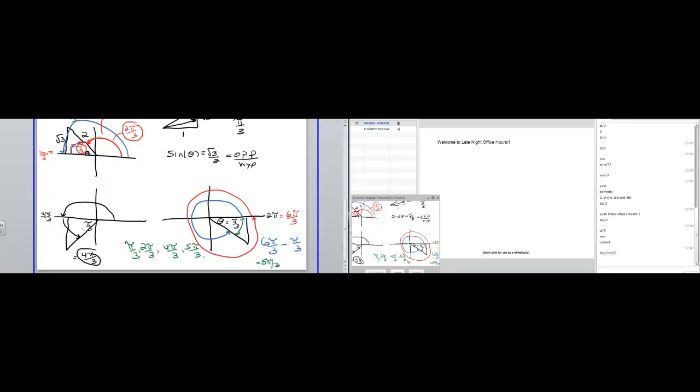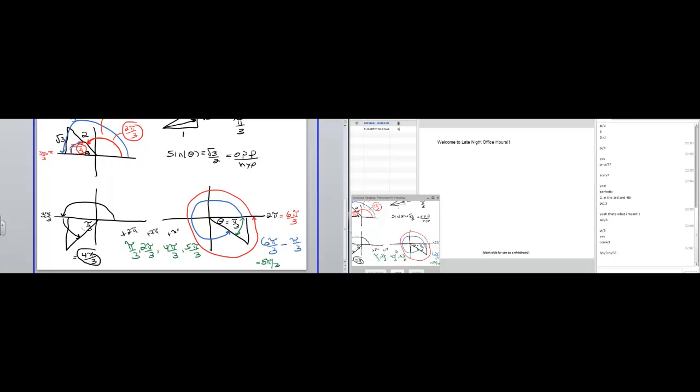And the neat thing about this is, if this was not limited between 0 and 2 pi, Elizabeth, this would keep going. We would add a value of 2 pi to every single one of these solutions. So if I wanted to know the solution over a value of 4 pi, which is 2 revolutions, we would take each one of these and add 2 pi to each solution.